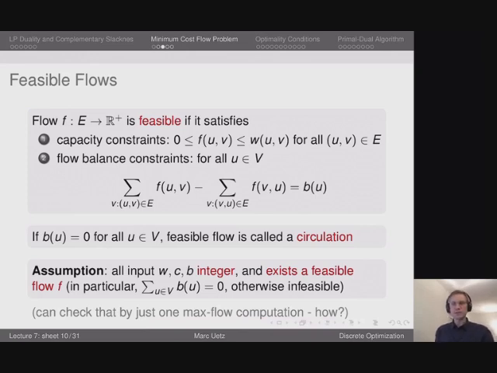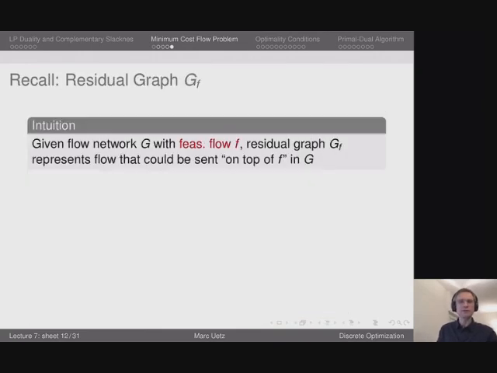The next concept that we need, just like we needed it in the maximum flow problem as well, is that of the residual graph. So if we have a network and we have already computed some feasible flow, and we already know how that can be done, then we define the residual graph, just like we did before, as the amount of flow that can still be sent on top of the flow that we already have.